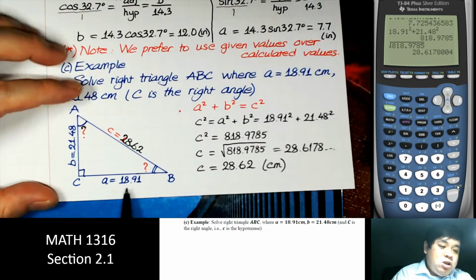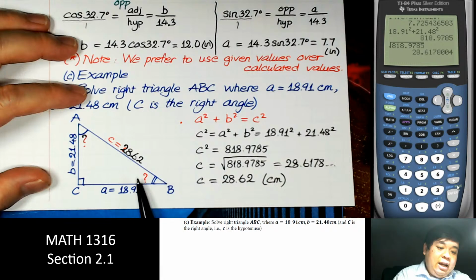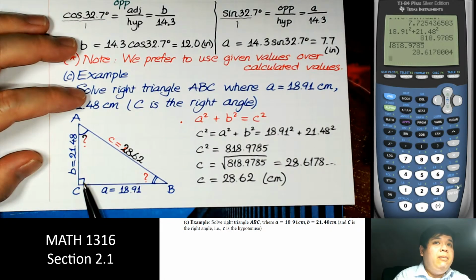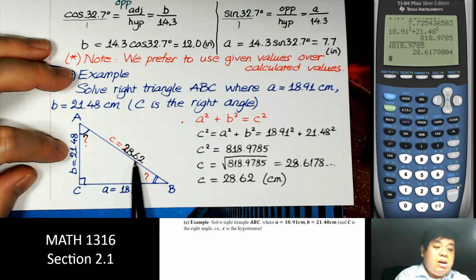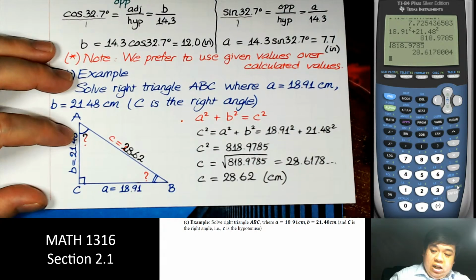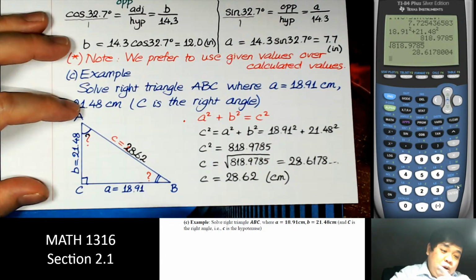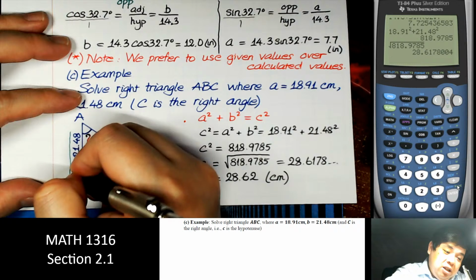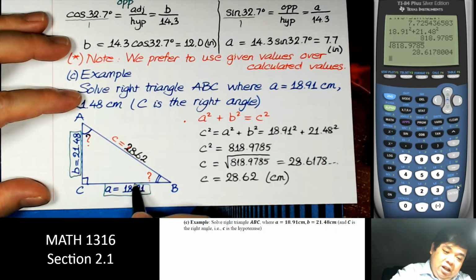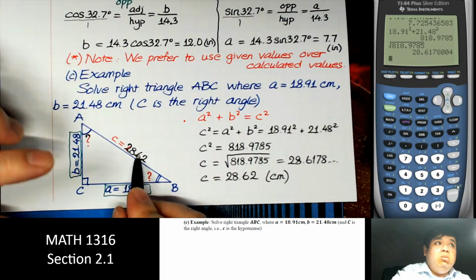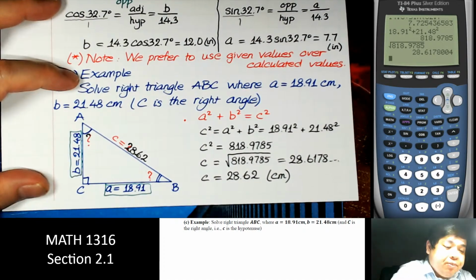Now we just need to find angle A and the other angle. We could use this number or this number, but if I have a choice, I will use this number because this is given and this is given. That one is calculated, and I prefer not to touch it.